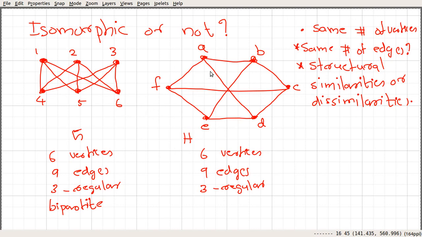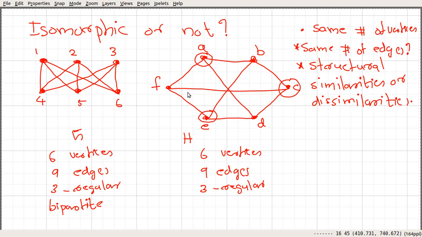Okay, but here also we can see that this graph is also a bipartite graph. So the bipartition will look something like this: we could take these 3 vertices, A, E and C, and put them into a set and the remaining into a different set.